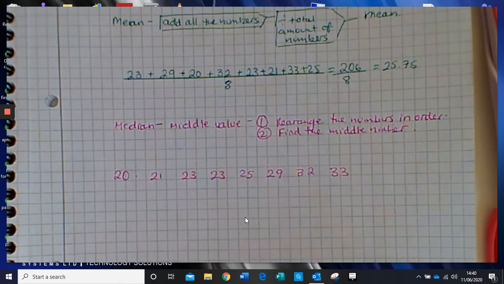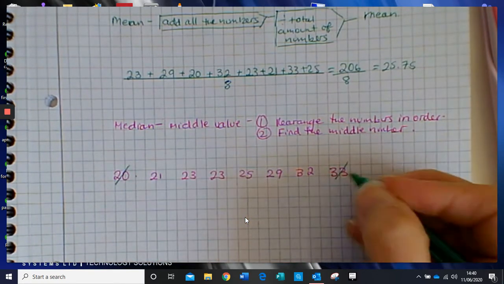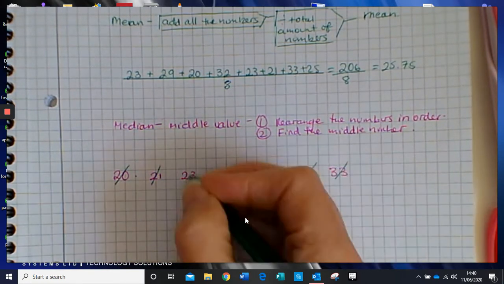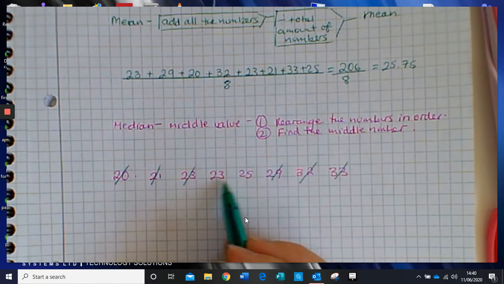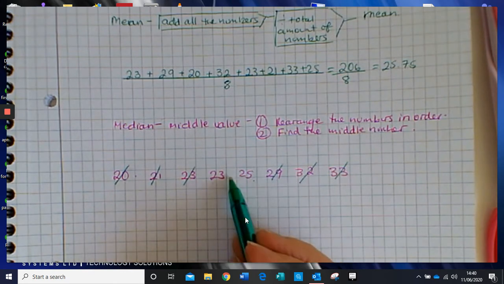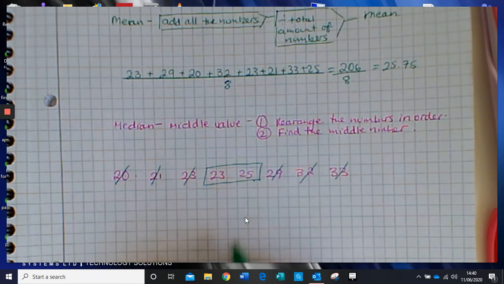The way to go about finding your middle value is cross out first the smallest one, then cross out the biggest one. Smallest, biggest, smallest, biggest, and then I'll land up with no numbers there. That means that our median is in fact going to be in between those two numbers. So there's two ways of doing that.